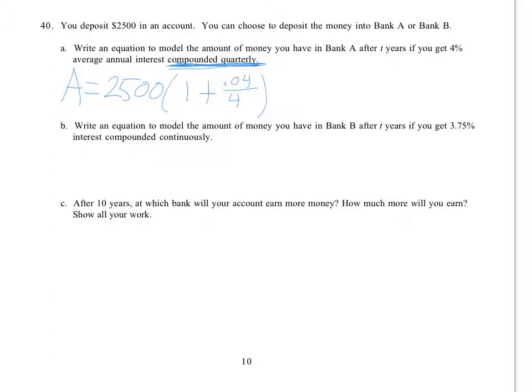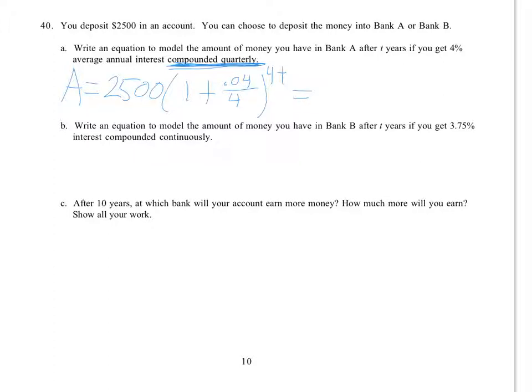I'm writing this way to help us see something. And then we got the same thing going on as far as time. If this was number of years, quarterly means I've got to consider 4 times as many things because we're looking at this at 4 times each year.